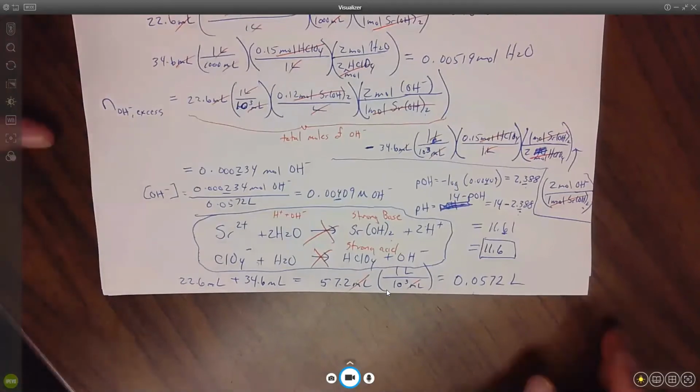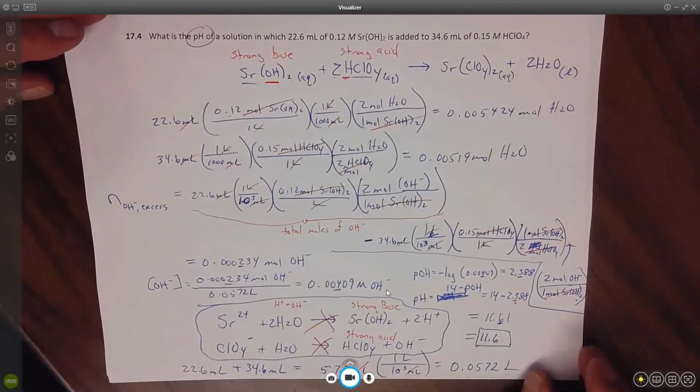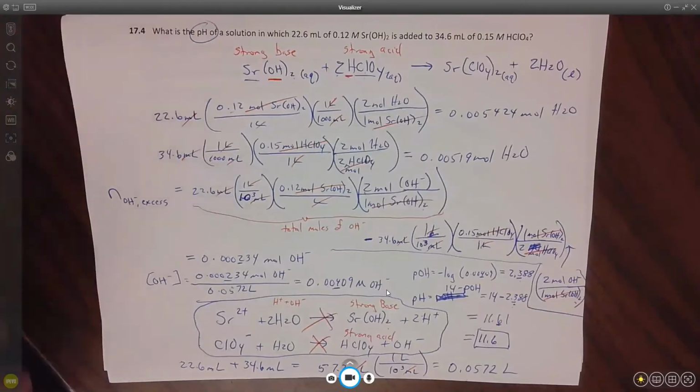Now, we did all of this because we had the reaction of a strong acid with a strong base. So when you have a strong acid reacting with a strong base, it's a limiting reagent problem. What if this was a weak base reacting with a strong acid? How would we solve that problem?